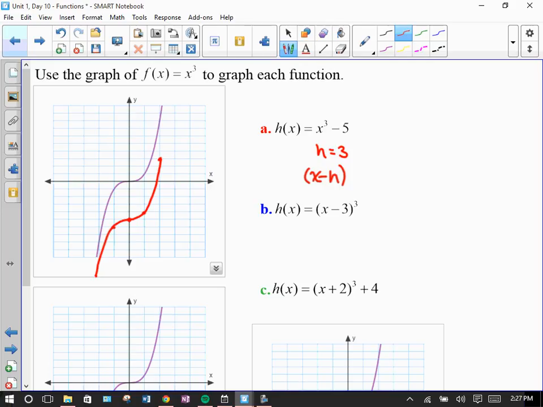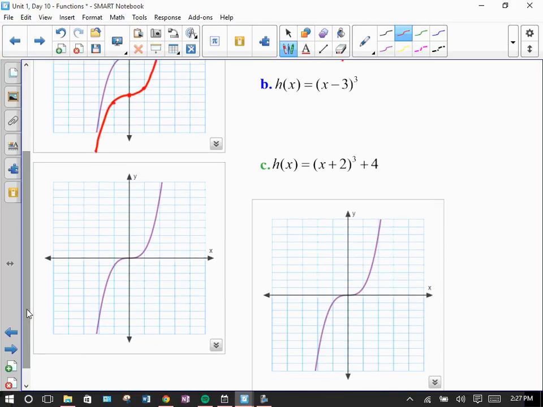If h is equal to negative 3, which would move to the left, it would be x plus 3. So take all these points, 1, 2, 3, this will move over 3, this will move over 3, and this will move over 3, so you'd have something like that.